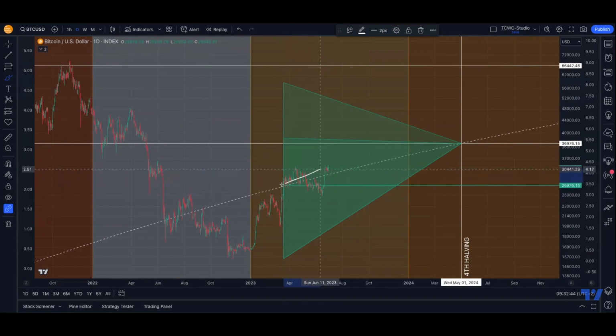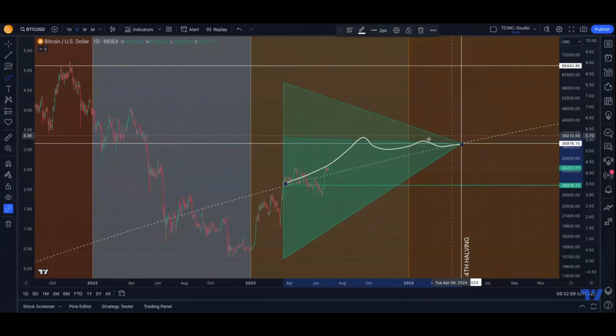we won't go too much higher than the future halving price, because as you can see, the lower triangle just so happens to be almost parallel with the future halving price, the upper portion of this lower triangle here.